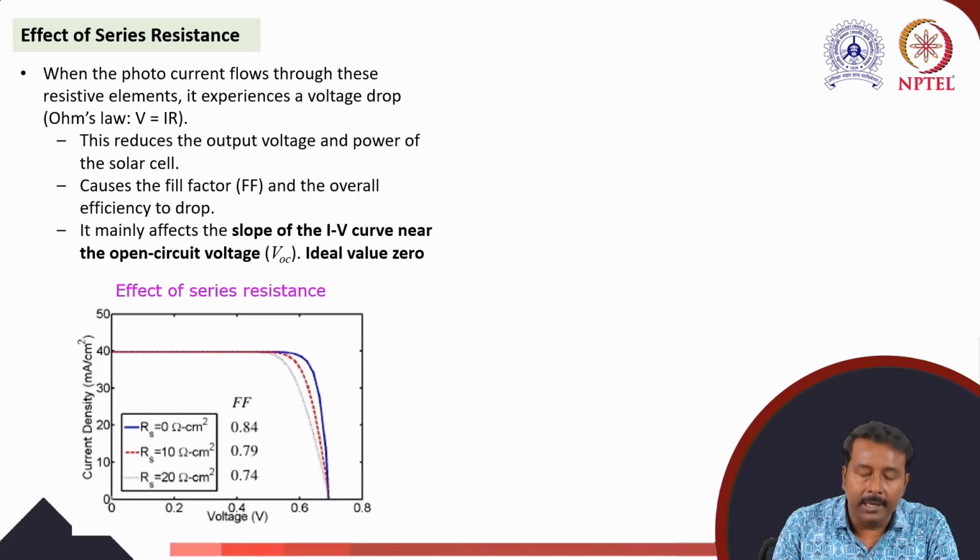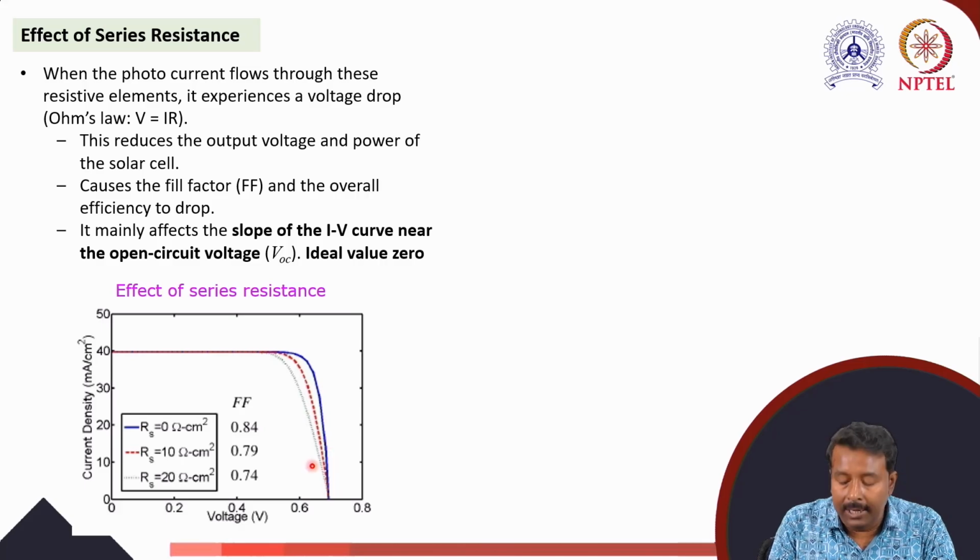This is the current density versus voltage plot. In the ideal case, that is if there is no series resistance, say blue, this curve is there. That means it is almost perfect. There is no change in the corner voltage-current characteristics. Or you can say the value of Rs in case of this blue line is very less, and this is 0 ohm centimeter square.